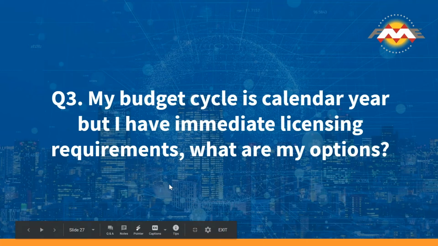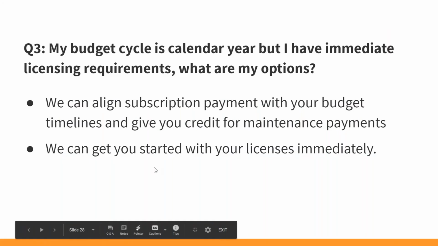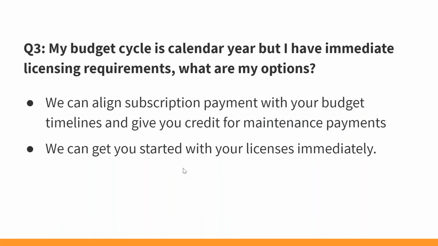Okay, so on a budget cycle, I'm assuming this is fairly common in local government. Maybe I'm excited to jump into a subscription now, is what I'm telling you, Dave. But my budget is like 4 months away. How do I jump in, and how can you help me out? Sure, and this really happens all the time.